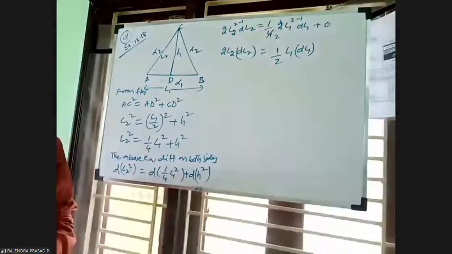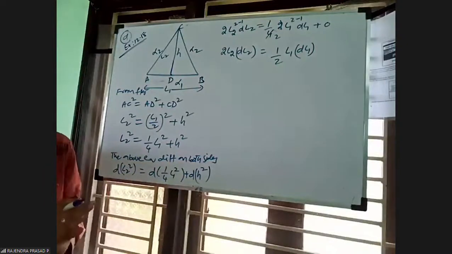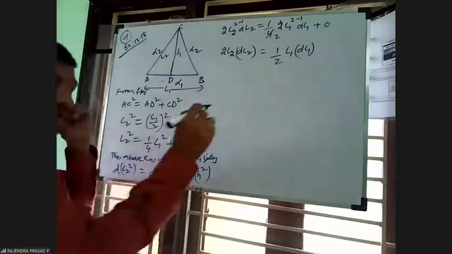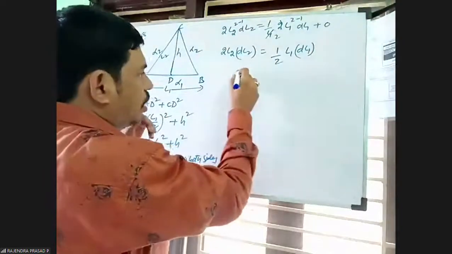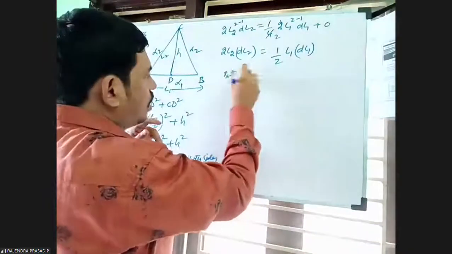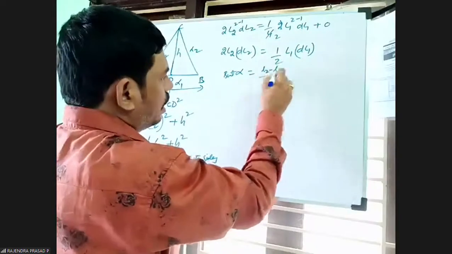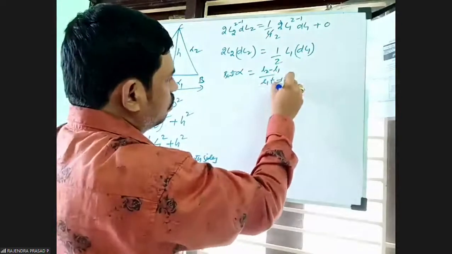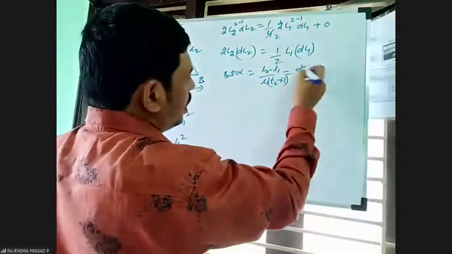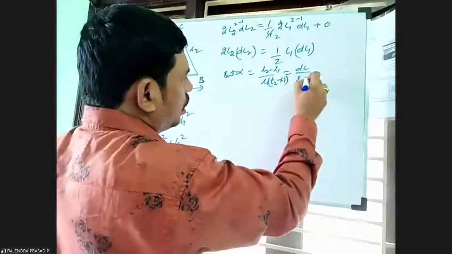But actually DL2 comes from the general formula. Alpha equals L2 minus L1 by L1 into T2 minus T1, that is DL by L into DT.